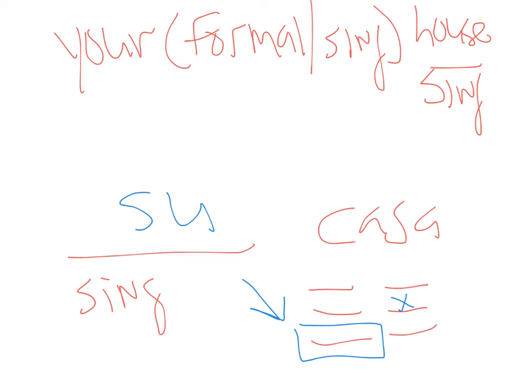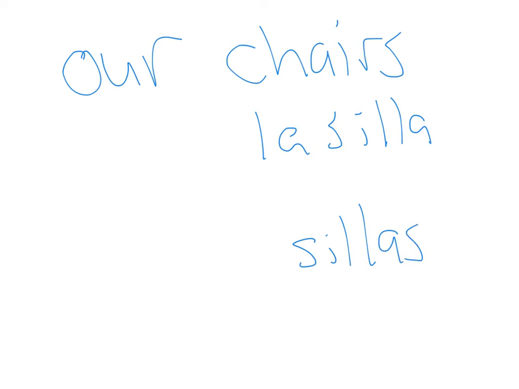Let's try otro. What if it was going to be the one that's the only gender specific? What if it was our chairs? And the word for chair is la silla. But we didn't say chair, we said chairs. So what we need is sillas. Now what's the number of sillas?